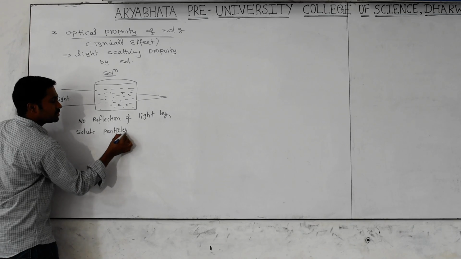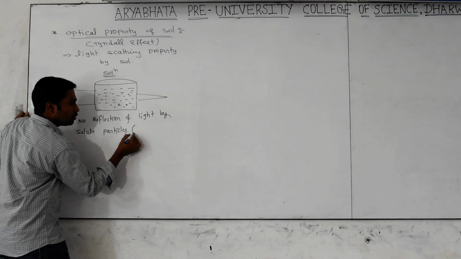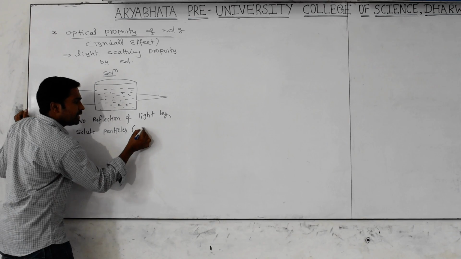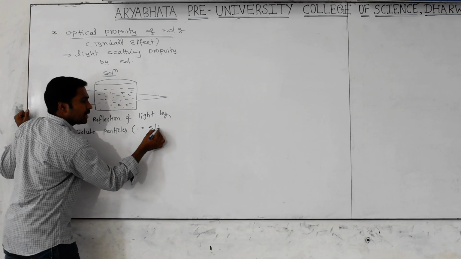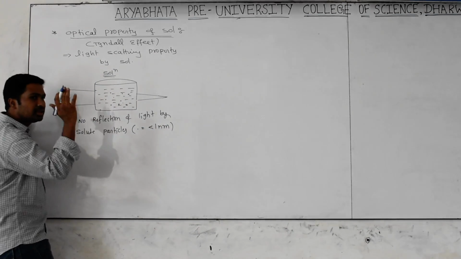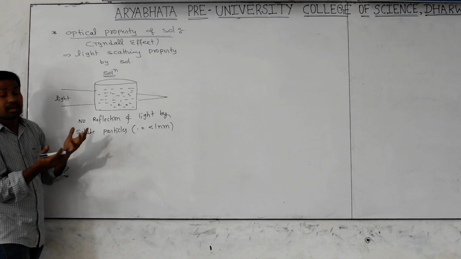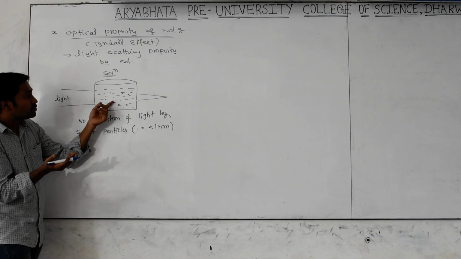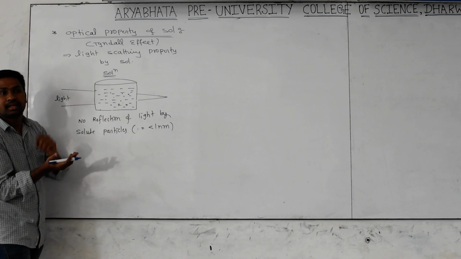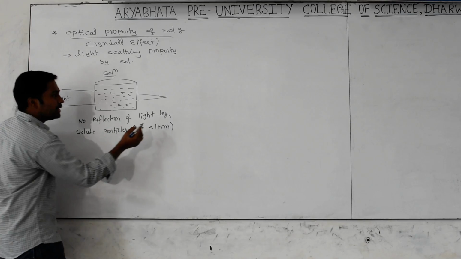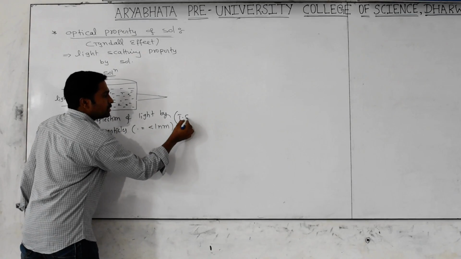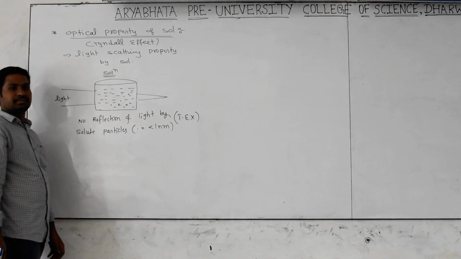Why is there no reflection? The solute particle size is very small, less than 1 nanometer. Therefore there is no chance of collision between light and solute particles, so there is no reflection. Therefore inside the solution we can't feel the path of the light rays. That's why we can say that in case of solution there is no Tyndall effect.